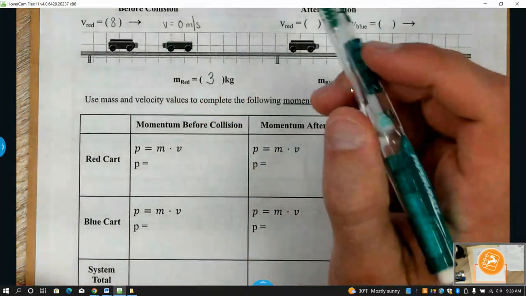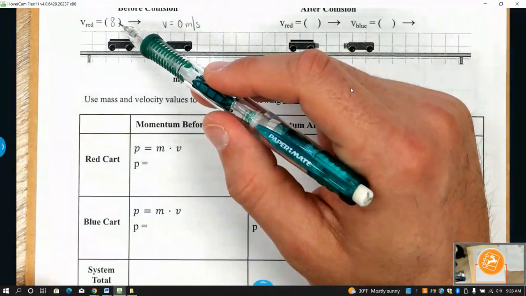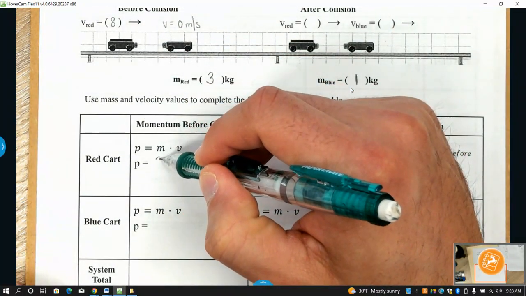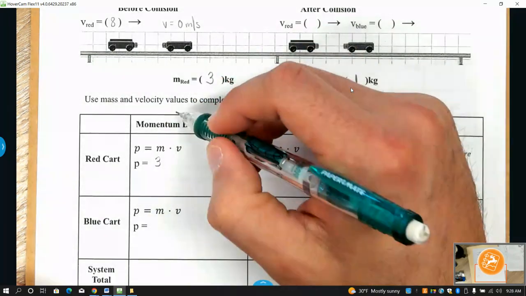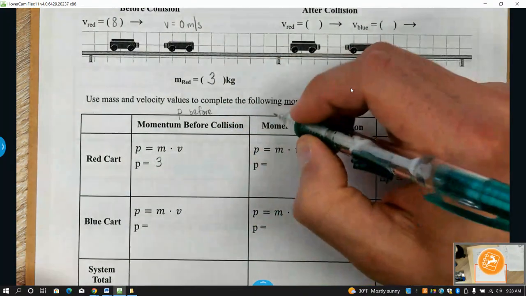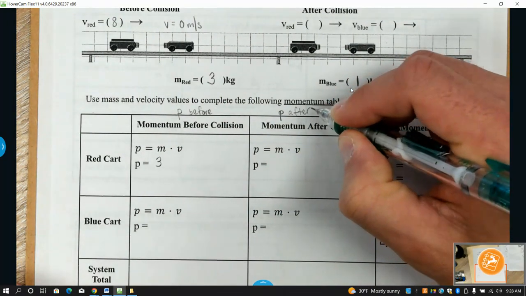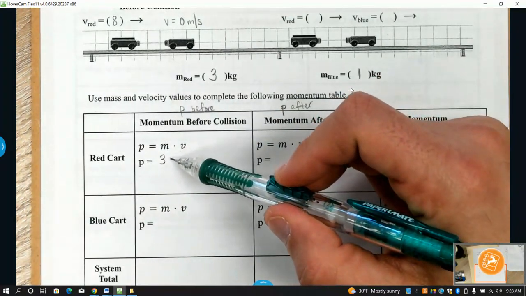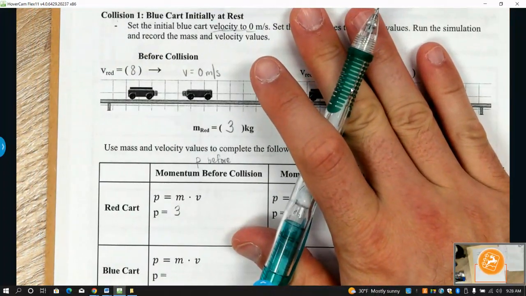For the red cart, what do I have? I have a mass of 3. And now this is before the collision. This is the momentum before, the momentum, which is lowercase p, after. So what was my velocity of the red car before they collide?